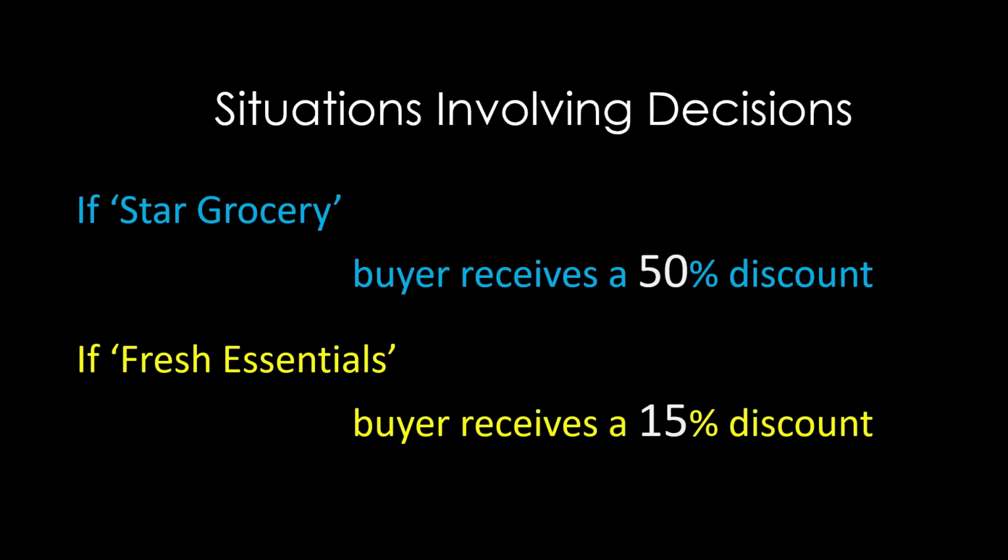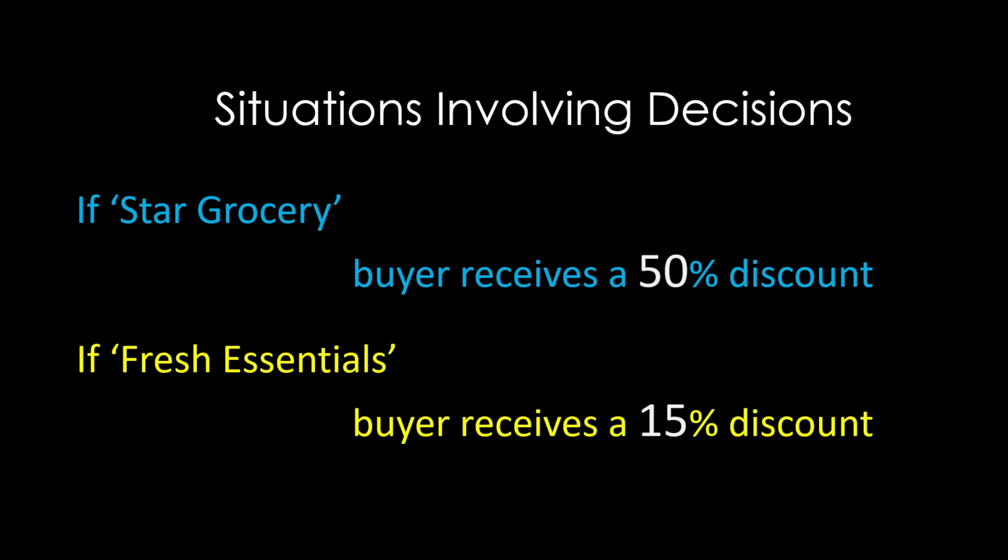To start with, we will use the grocery examples that we solved earlier. Remember? While learning about the string comparison operator, we came across a situation that if a grocery order is placed for the store Star Grocery, then the buyer receives a 50% discount.